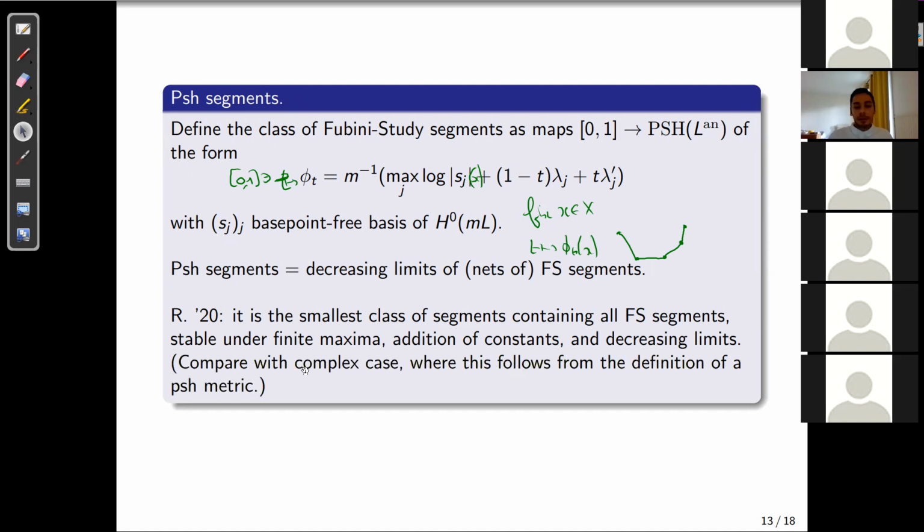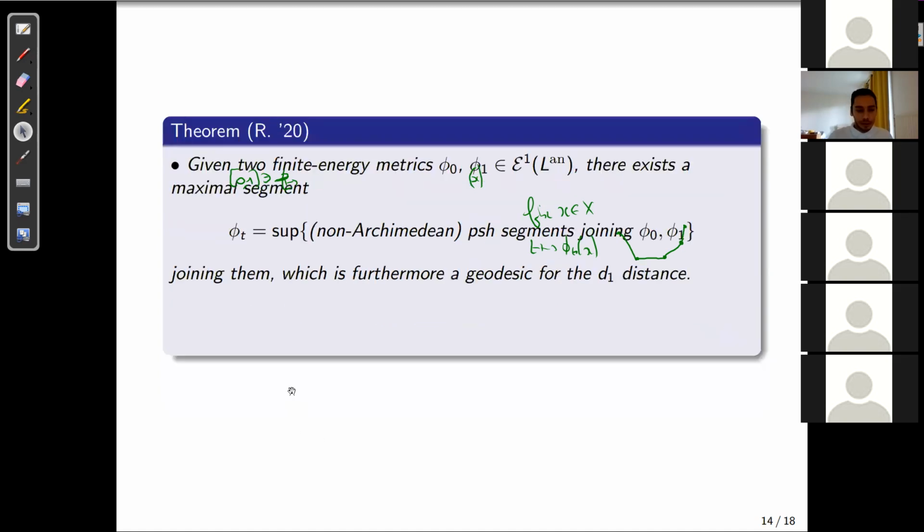In fact, in the complex case, since we have defined our segments technically as PSH metrics, this basically follows from the fact that this is true for PSH metrics in general, as we mentioned before.